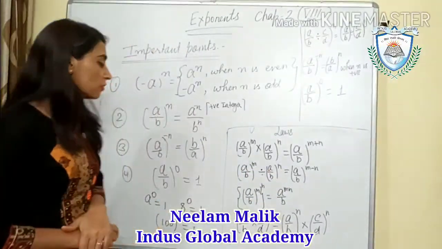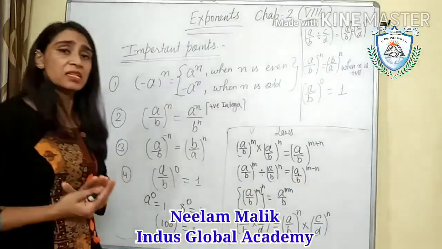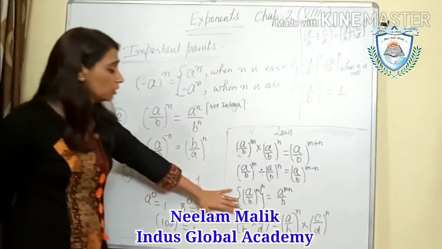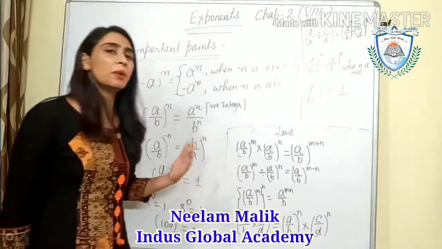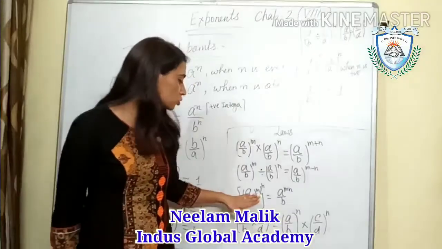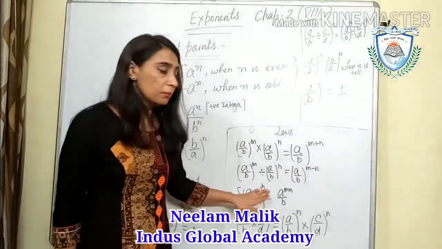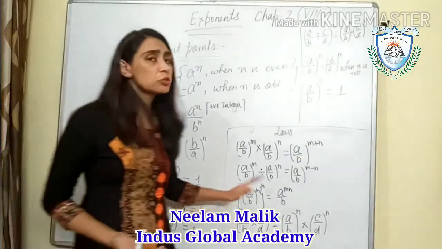negative or positive. After that, if any rational number is given, suppose a upon b, the whole power is m, and then again the power n is given, suppose this is 2 and this is 3, meaning the power of a power is given, how will we solve that?